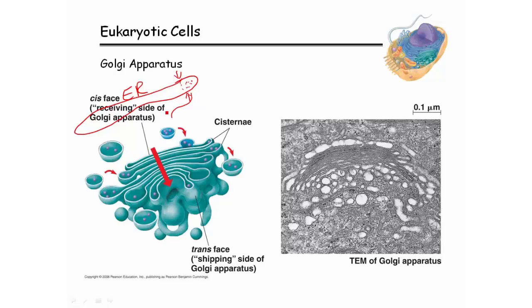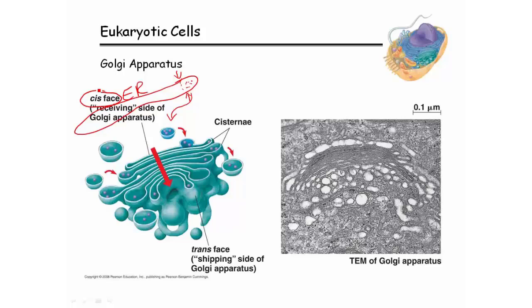We're going to ship that to the Golgi apparatus, and there will be a specific side of the Golgi apparatus where the ER products come in. This is what we typically call the cis side or the cis face of the Golgi apparatus. This would be the side that is right next to the ER.